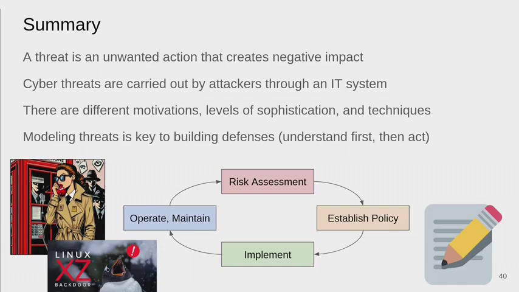Think about the phone booth and the different basic principles that can be done, and the life cycle across risk assessment, policy establishment, implementation, and operation, and the Linux XZ backdoor as an example and case study. That's all for today.